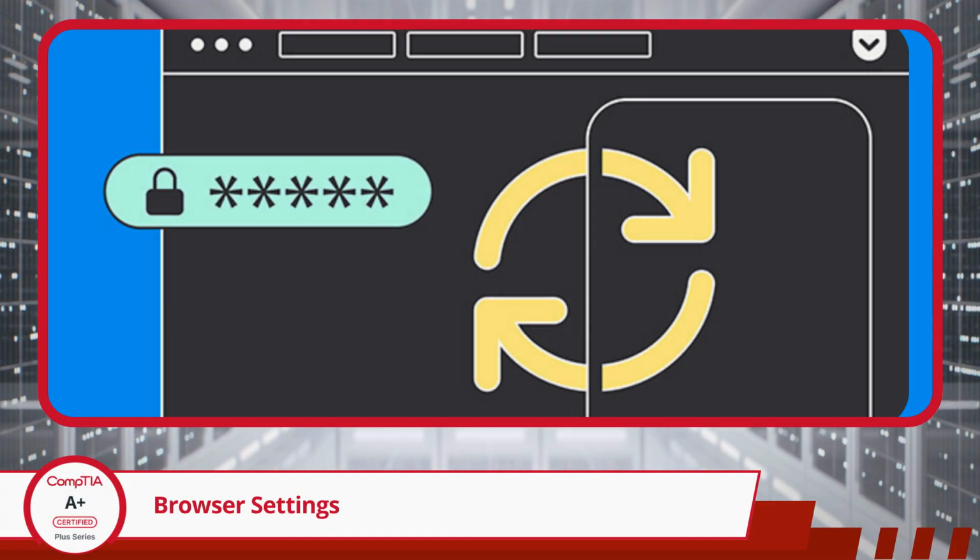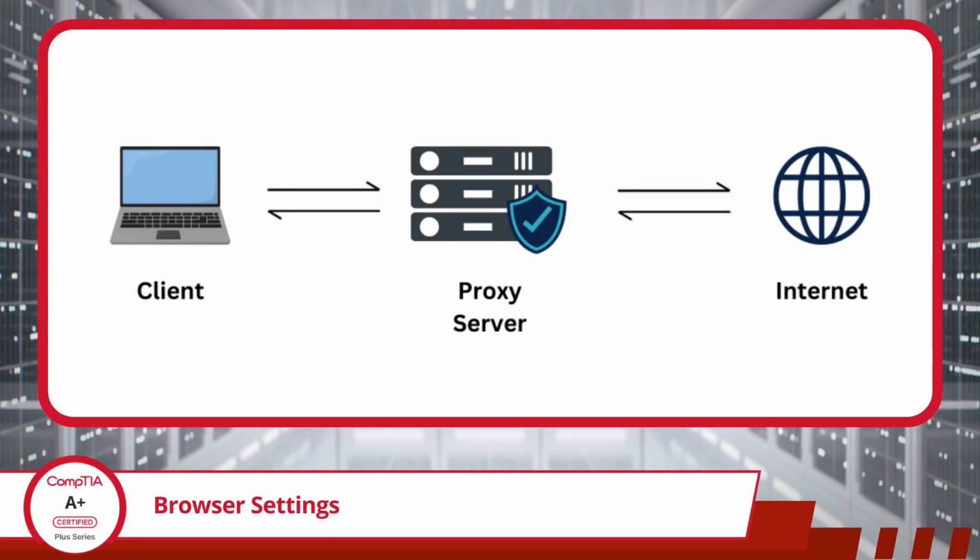Next up, we have proxy settings. A proxy server acts as an intermediary between a user's device and the internet. Instead of connecting directly to websites, requests are first sent to the proxy server, which then forwards the request on behalf of the user.